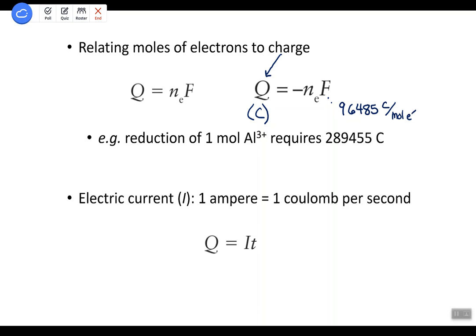And obviously, if we multiply that by the number of moles of electrons, the moles factor out. It's in the numerator, it's in the denominator, and we're left with charge, which is Q.